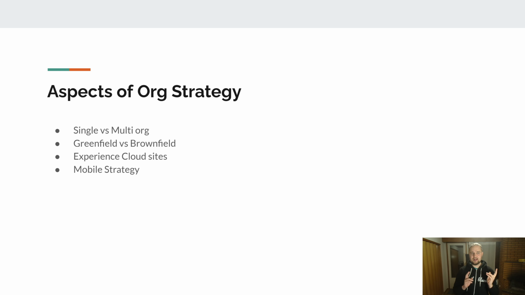The different aspects of org strategy that we need to consider in the CTA is whether or not we're going single org or multi-org. That means whether we have a single Salesforce instance where we're running our business, or multiple Salesforce instances. The next aspect is whether we're doing a Greenfield or Brownfield implementation.